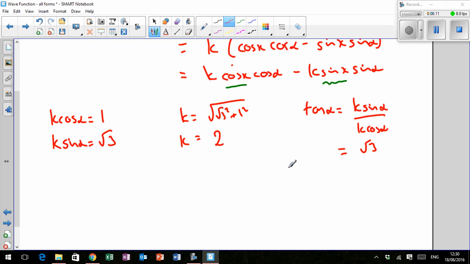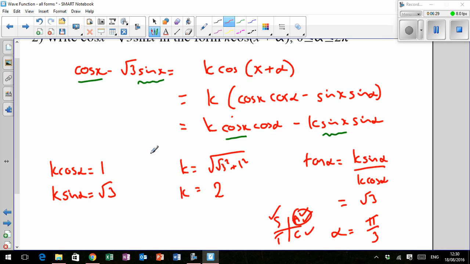And then CAST diagram, sine and cos are both positive, so we're in the first quadrant. And alpha, tan alpha being root 3, is just 60 degrees, which in radians is pi over 3.